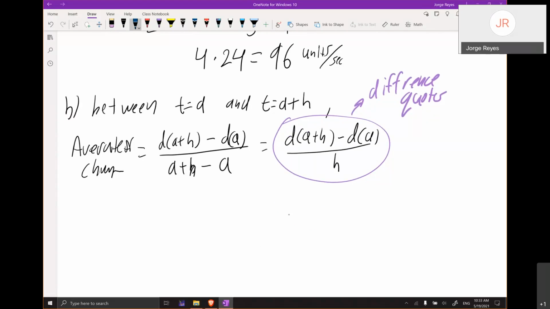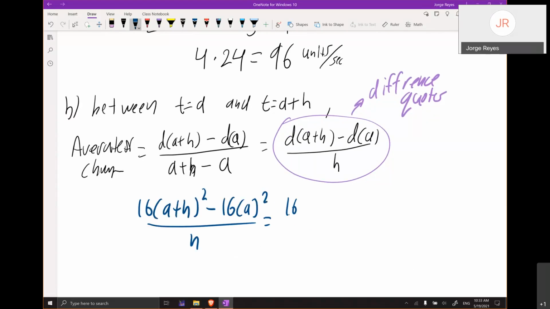So 16 times (a plus h) squared minus 16a squared, all over h. Here I'm going to have to FOIL, so 16a squared plus 32ah plus 16h squared minus 16a squared.